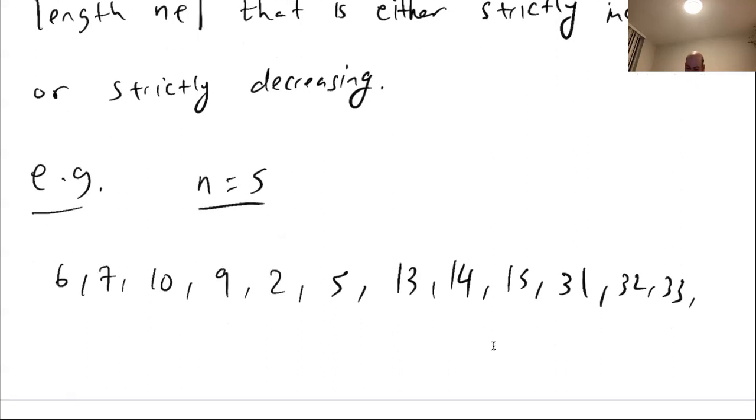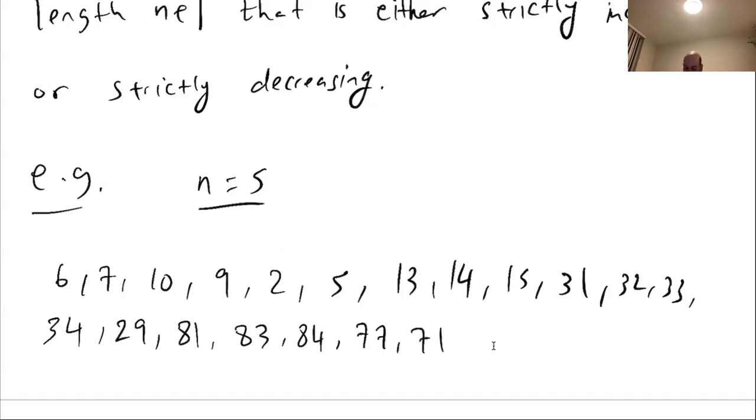So how many so far? 3, 4, 8, 10, 12. Let's say 34, 29, 81, 83, 84, 77, 71, 68, 92, 100, 101, 3, 6, 9, 11, 103.